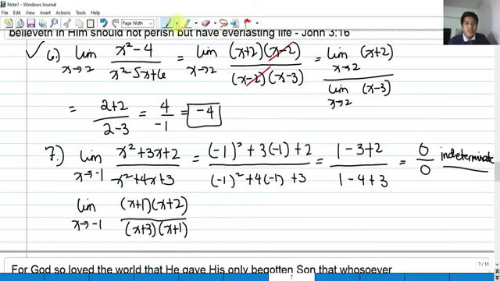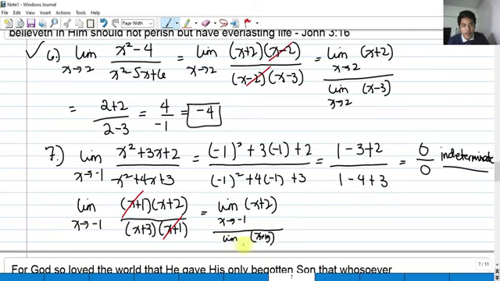So, as you can see here, this x plus 1 would simply cancel. Leaving us with the limit of x plus 2 as x approaches negative 1 over the limit of x plus 3 as x approaches negative 1.